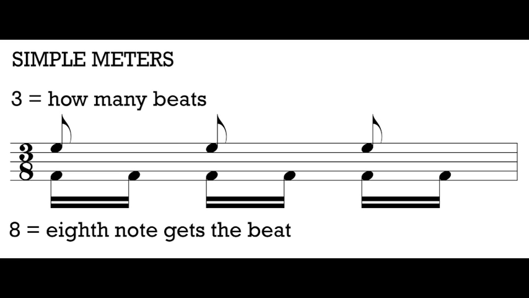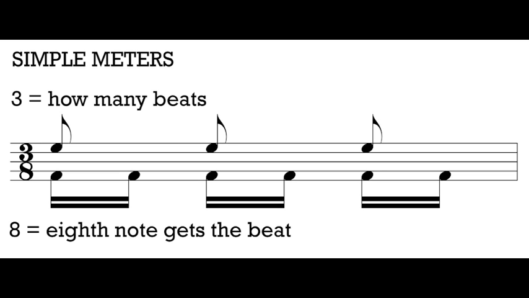Another simple meter might be 3-8. Again, it's a simple meter, and so the top number, the 3, tells us how many beats, and the bottom number, the 8, tells us what rhythmic value we're going to use to represent that beat. Here, we have 3 eighth notes representing the beat, and so you can see I've drawn them on the top portion of my staff, and then I've drawn the division on the bottom portion.